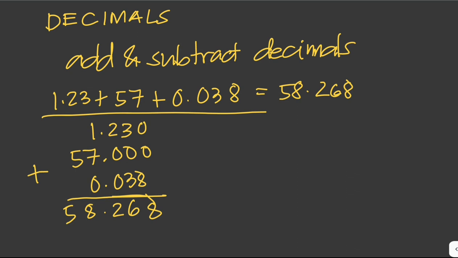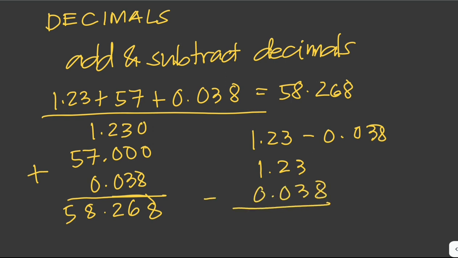The same with subtraction. And you can subtract, say, 1.23 minus 0.038. So this is 1.23 minus 0.038. So we add 0 here. 0 minus 8 cannot be, so we borrow.